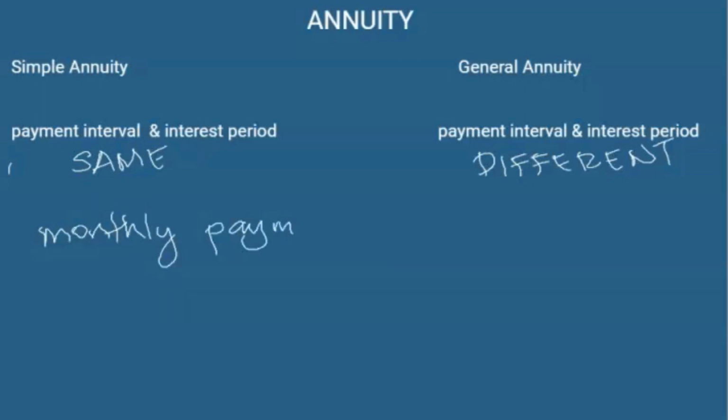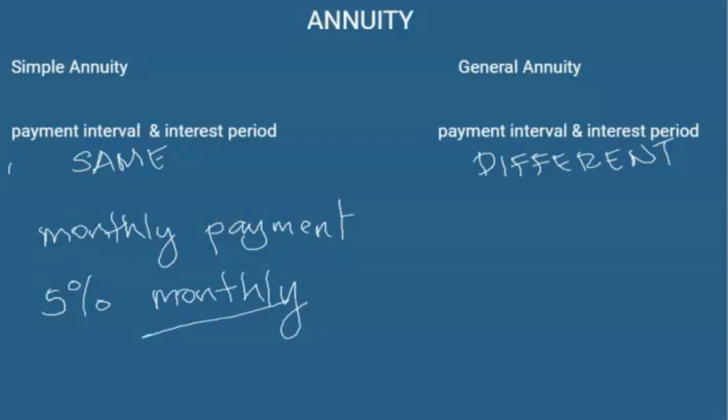And the interest period would be, let's say, 5% monthly. So the payment interval is every month, and the interest is also monthly. So that's simple annuity.